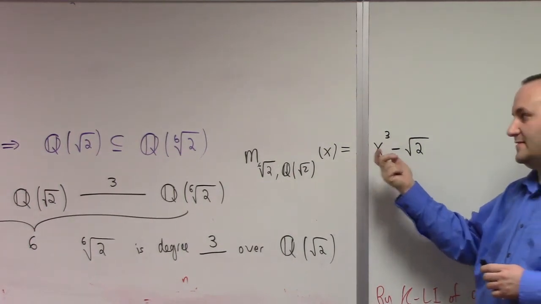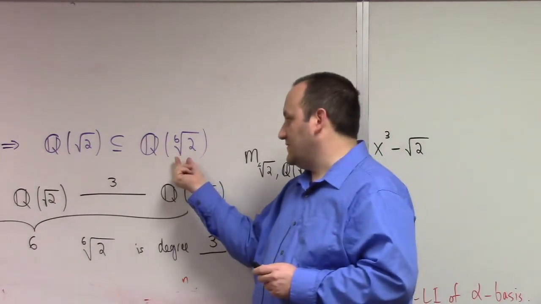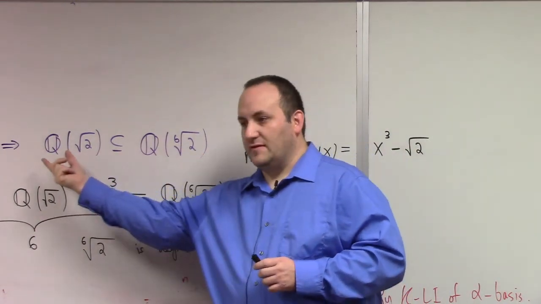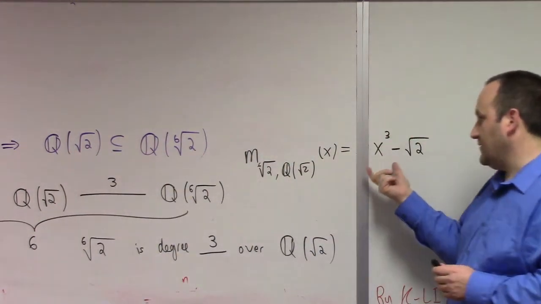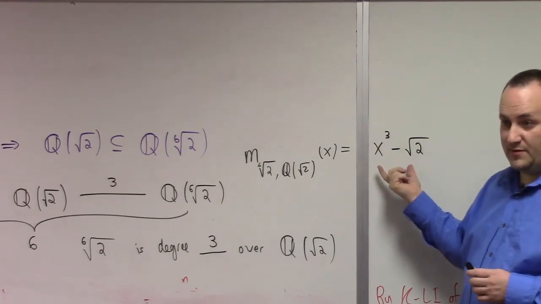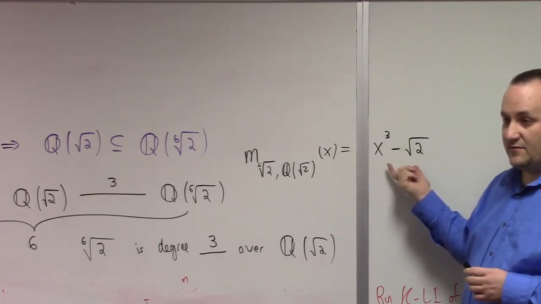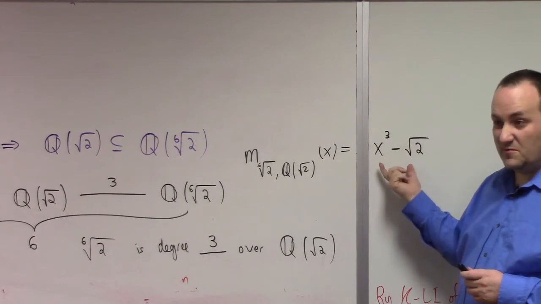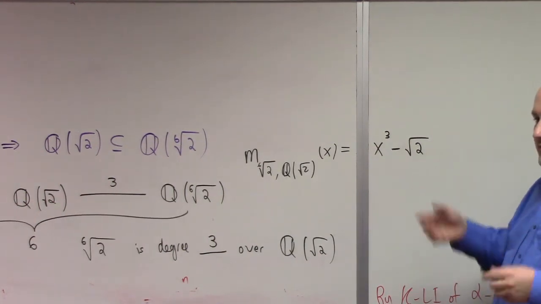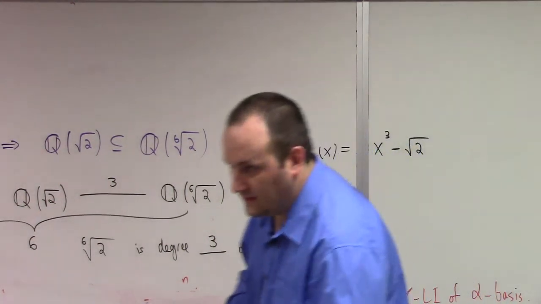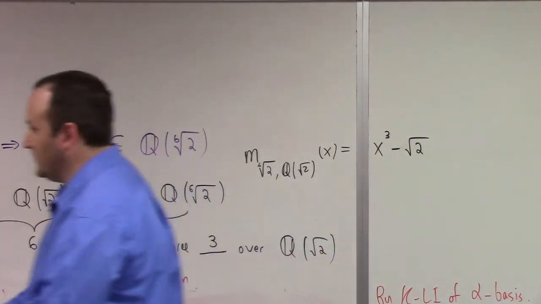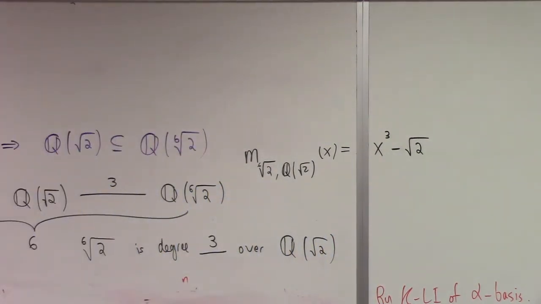The fact that this theorem gives us that this is degree 3 over that field says that if you can find a degree 3 polynomial which is monic and takes it as a 0, it is the minimal polynomial, and hence it is irreducible. So we get irreducibility just from dimensions, as opposed to much more heinous calculations. So that's neat.